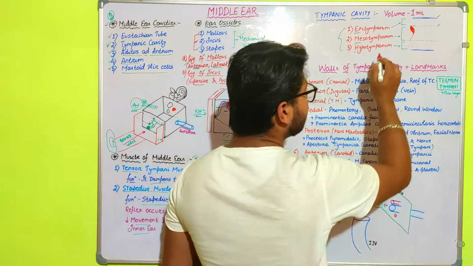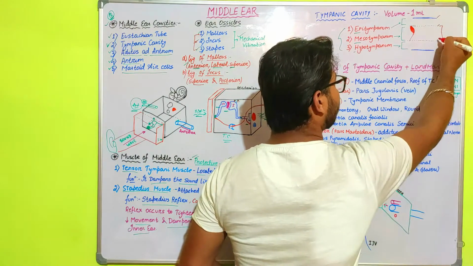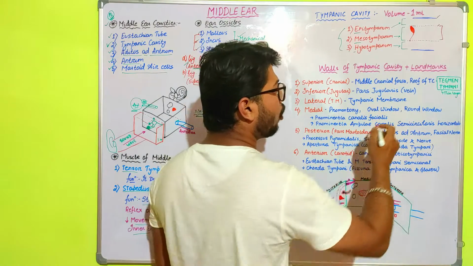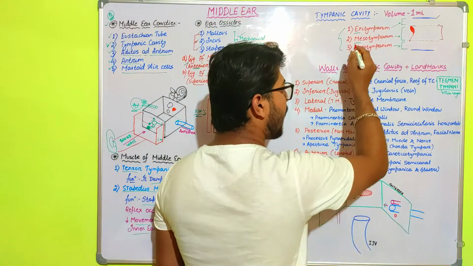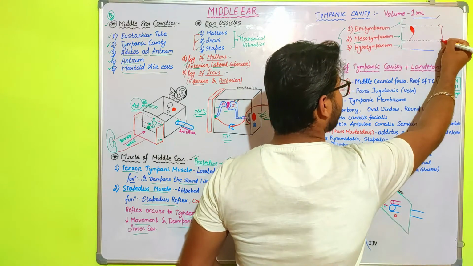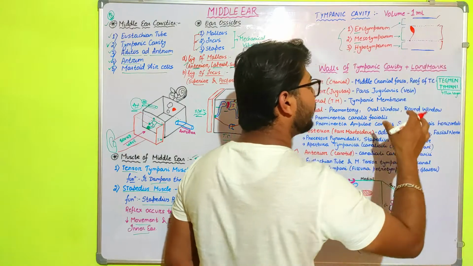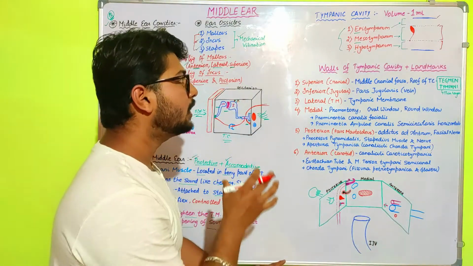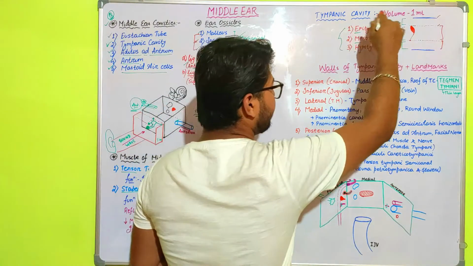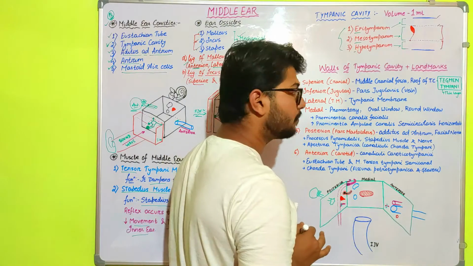Okay, and the mesotympanum is limited to the region of the tympanic membrane that ends at the last point of the pars tensa, and the hypotympanum starts from the end part of the pars tensa to the inferior border of the tympanic cavity. Okay, so the tympanic cavity has been divided into three: epitympanum, mesotympanum and hypotympanum.